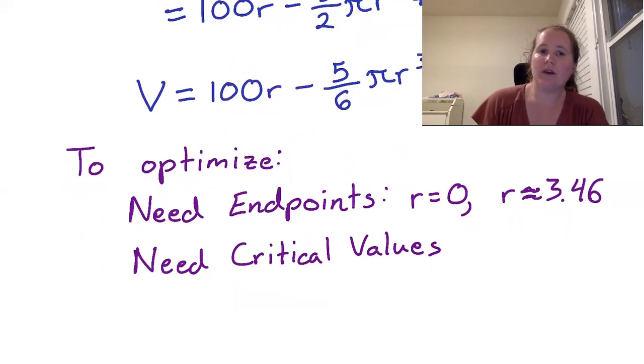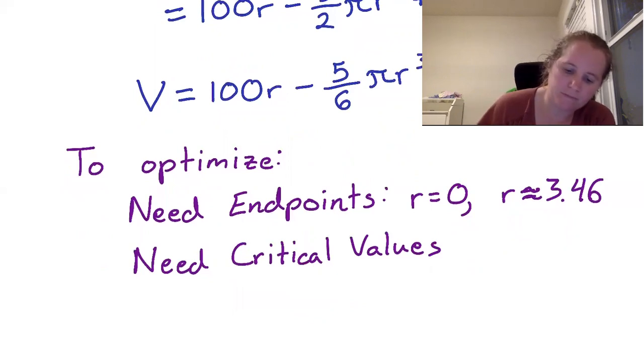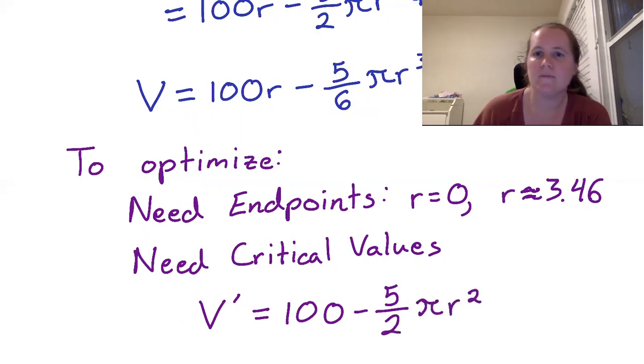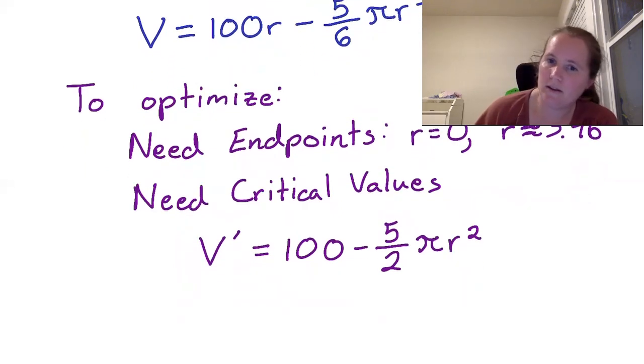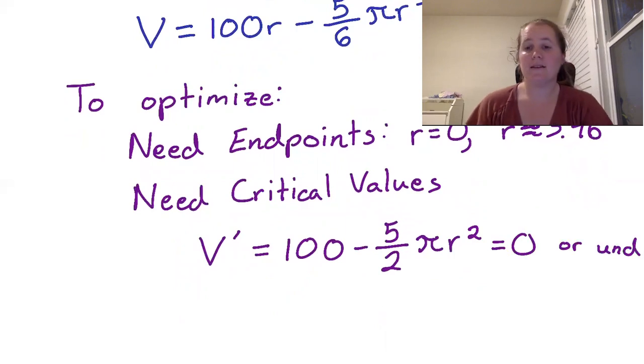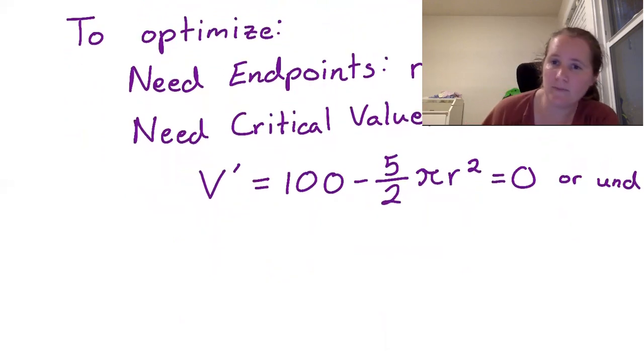So for our critical values, we'll take the derivative. So we have v prime is equal to 100 minus, let's see, power rule, that would become minus 5/2 pi r squared. And if we set this equal to 0 or undefined, there is nowhere that this is undefined, so we're going to do equals 0.